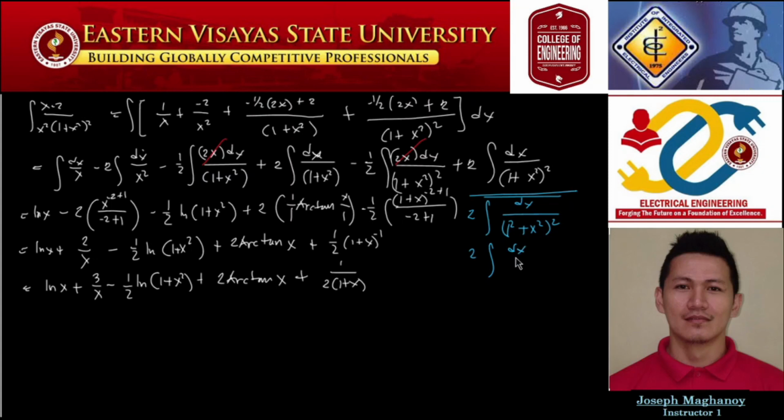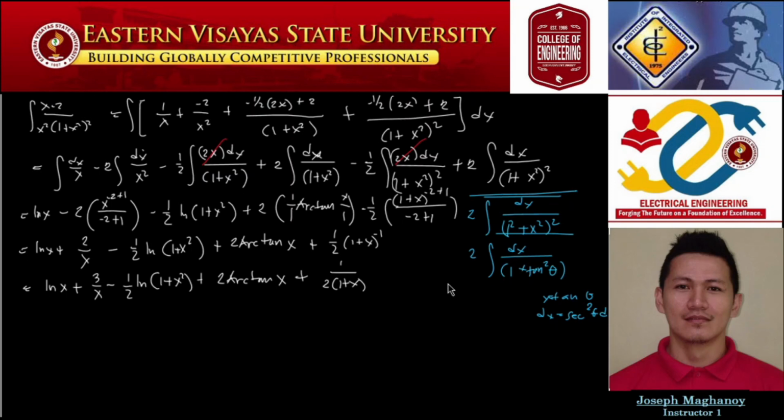you'll have 2 dx over the quantity 1 plus tangent squared theta. So this is from our trigonometric substitution, okay? So here we use trigonometric substitution to get 1 plus tangent squared theta. Now for our dx, as usual, we need to get the derivative dx. So our x is tangent theta. Therefore our dx is secant squared theta d theta.